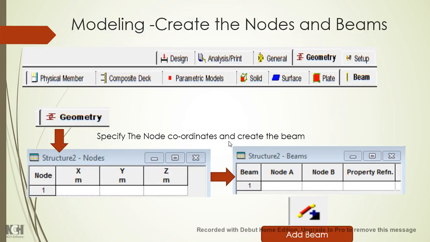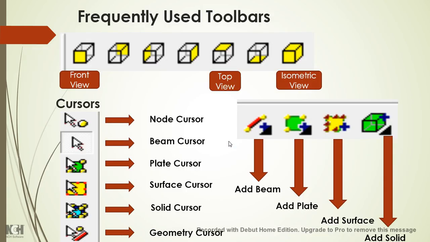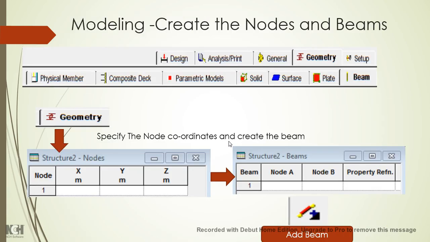Okay, so the next step is how the modeling starts. I told you about the frequently used toolbars. How does the modeling start? The first step will be creating the node and beam, and we call that modeling. In this we create nodes and beams. The first step will be the geometry, and in this geometry the beam will be active already.